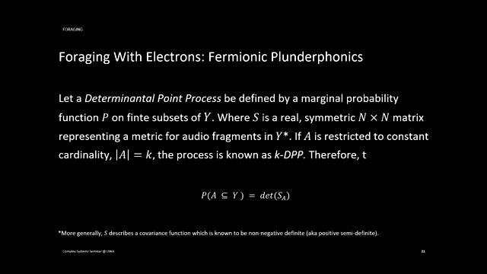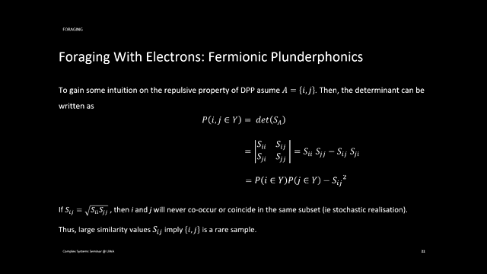So therefore, we have this expression here, which expresses the probability of the occurrence of those particular random subsets as a function of the determinants of that similarity function. So I will give you an intuition of why the determinant is giving rise to the repulsive behavior. Think about having two elements only in that space. Then the determinant is very easy to do, like the high school determinant solution to simultaneous equations.